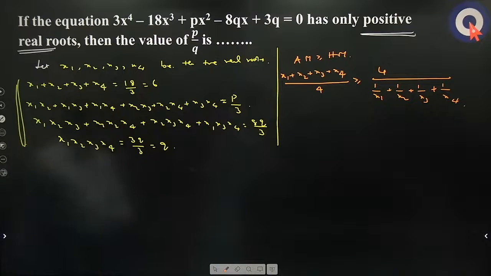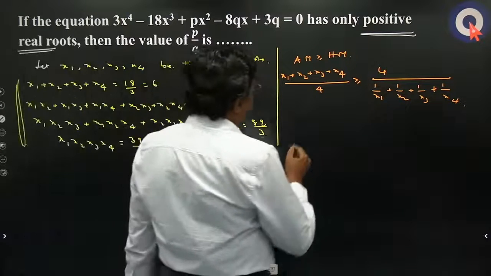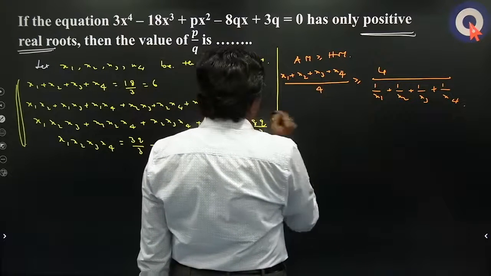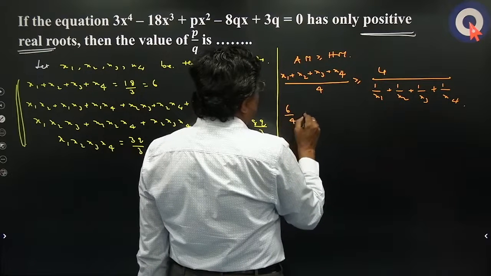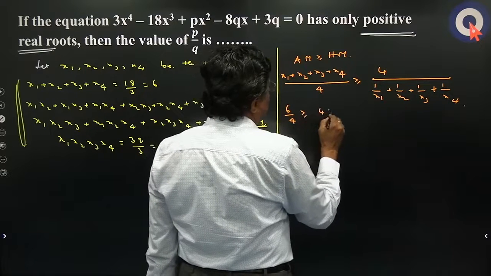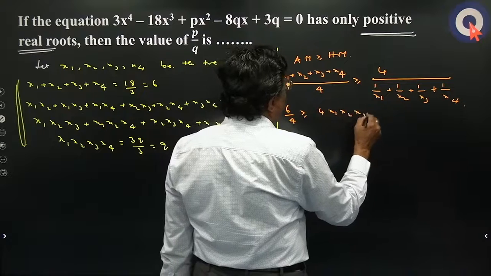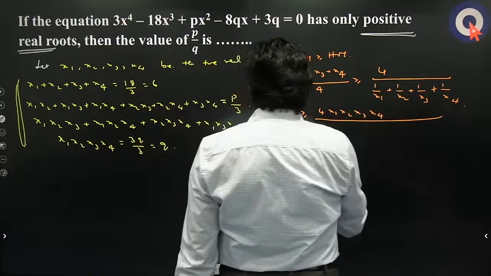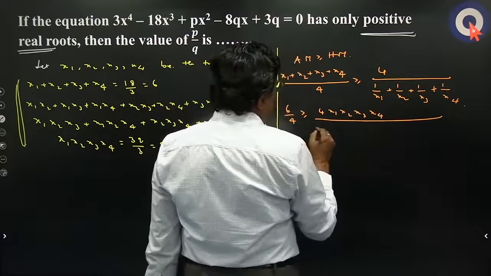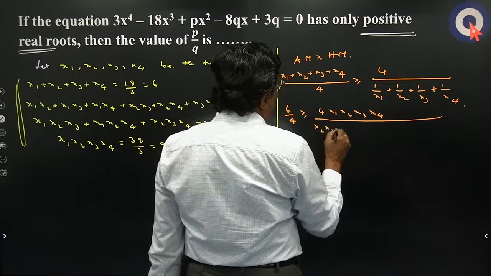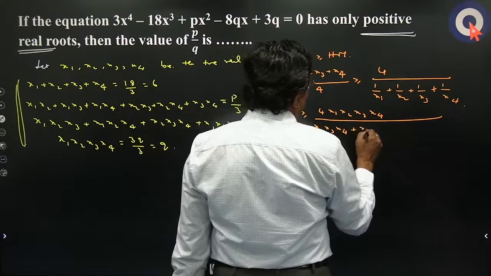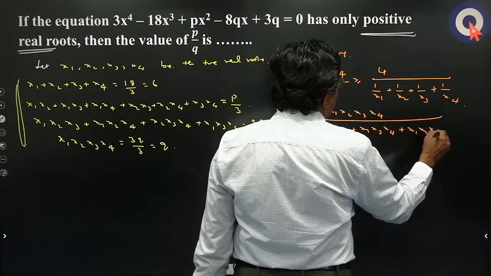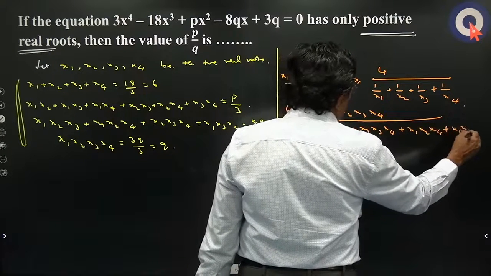Could be correct only, let us see. So x1 plus x2 plus x3 plus x4 is 6, is greater than or equal to 4 x1 x2 x3 x4 by, oh, all right, the q will get cancelled. So this is x2 x3 x4 plus x1 x3 x4 plus x1 x2 x4 plus x1 x2 x3.